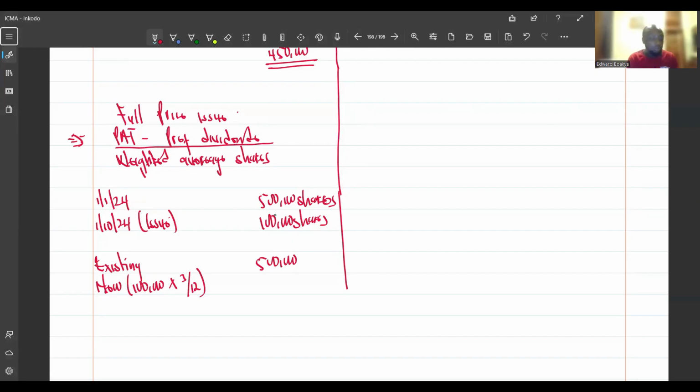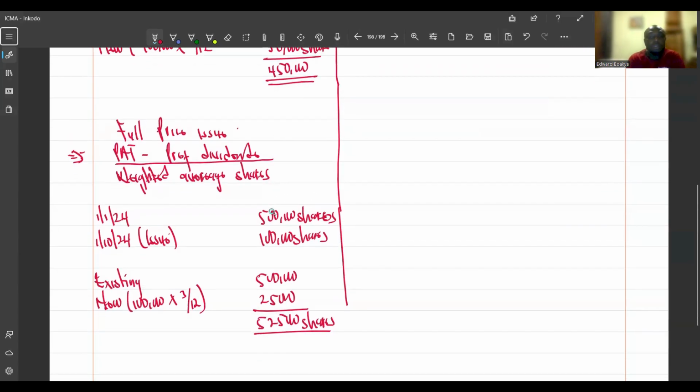And how much is that going to give us? 100,000 multiplied by 3/12. Let me use my calculator. 100,000 times 3 divided by 12, which will give us 25,000 shares. So in all, we are going to get 525,000 shares as our weighted average shares.